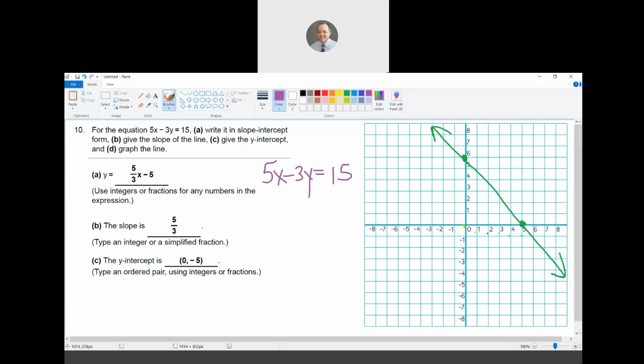And we need to get our equation in slope-intercept form, or again in the form y equal to mx plus b. So that means to get the y term by itself. In this equation, we need to move the 5x to the right-hand side. So that involves subtracting 5x from each side.